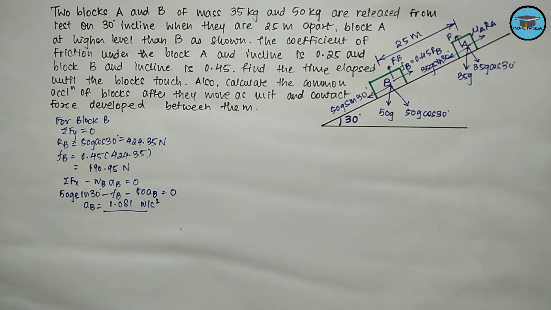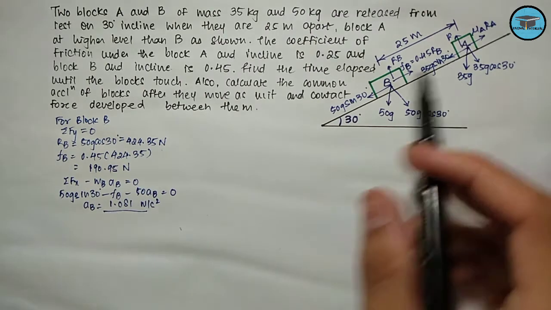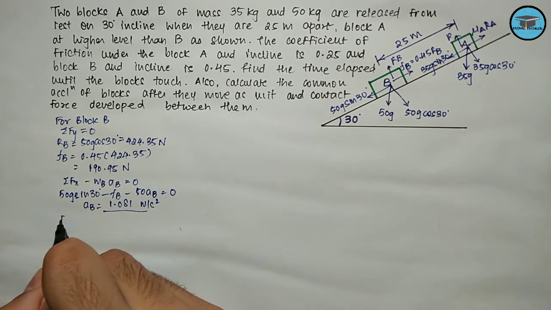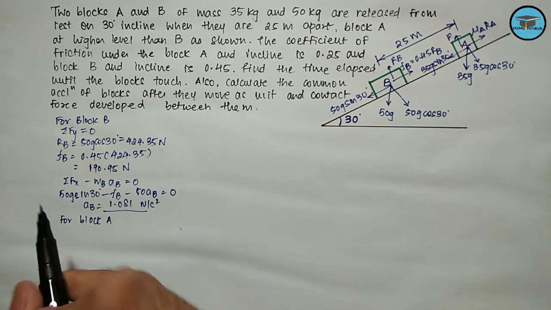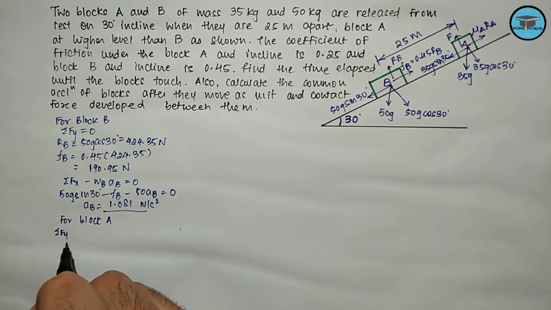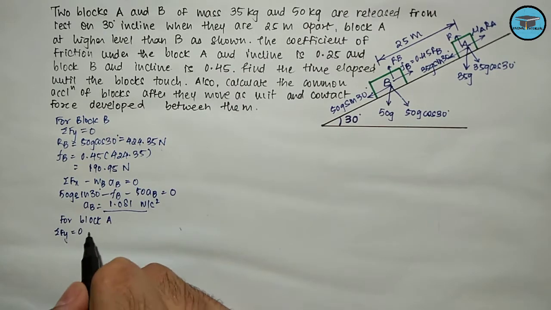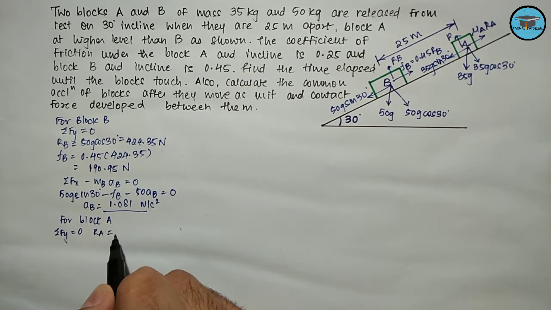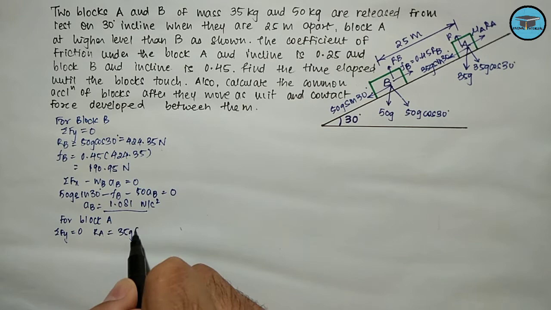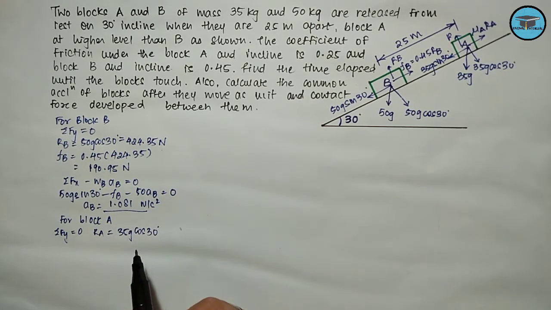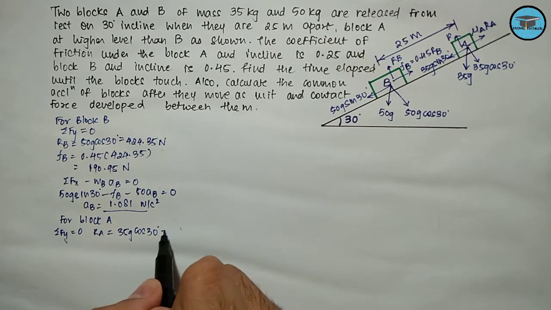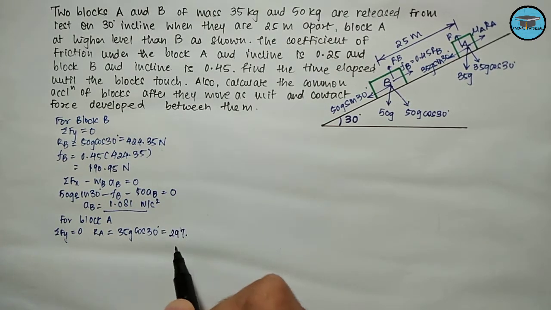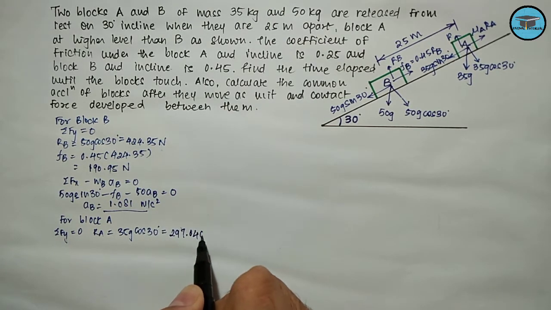Okay, now a similar procedure for block A. For block A, sigma Fy equals 0. So RA comes out to be 35g cos 30, so we get the value of RA as 297.046 Newton.